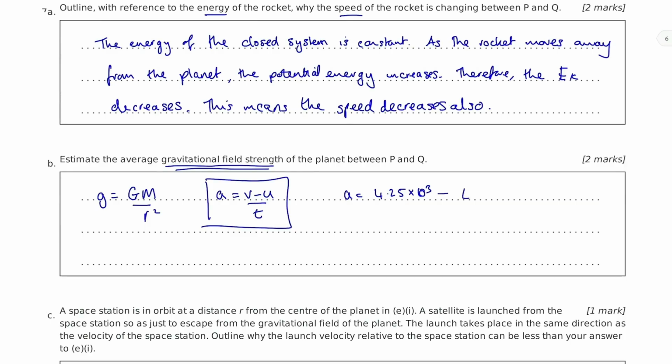The initial speed was 4.38, divided by 60 because it took 60 seconds for that to happen. That gives us a value of minus 2.1667 meters per second squared. Everything is given to three significant figures, so 2.17 meters per second squared.